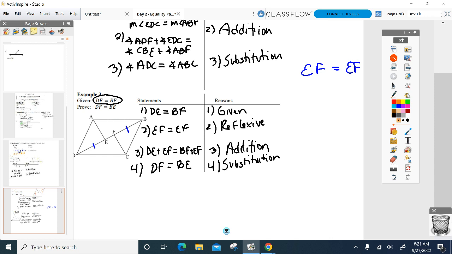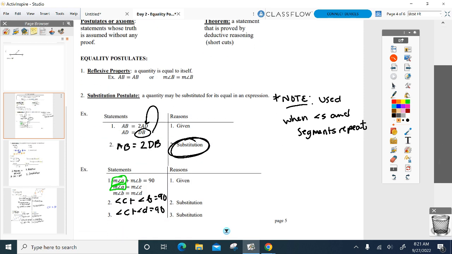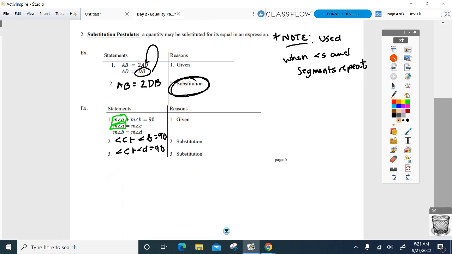And hey, can everyone please look at 5? Everything's not going to be addition. Anybody see any repetition in the givens? Two inches, two inches. What did we talk about? If there's repetition, you're going to use substitution.